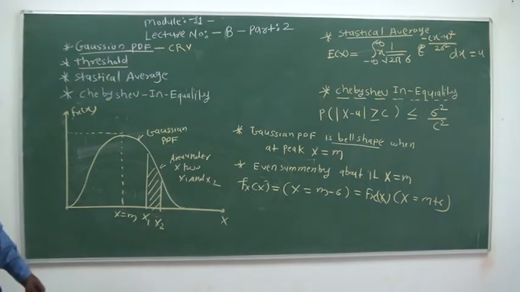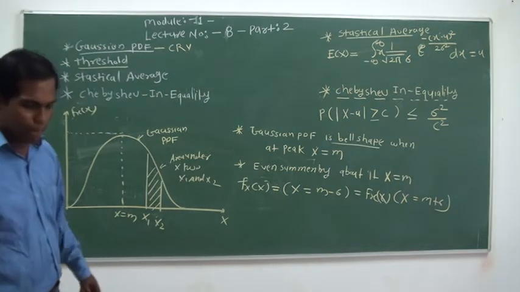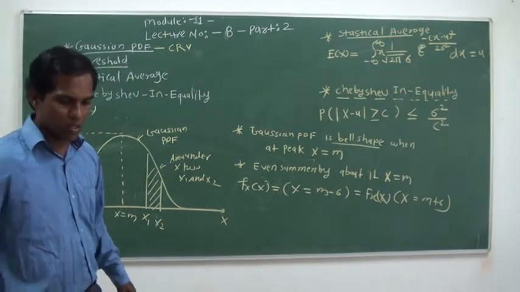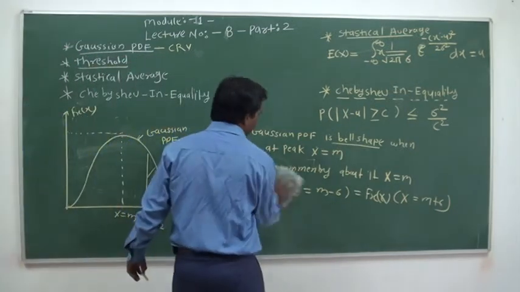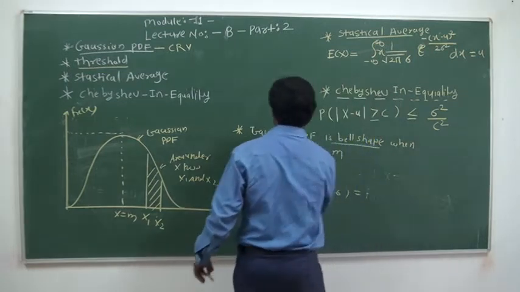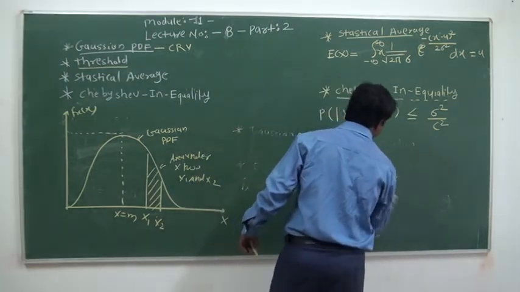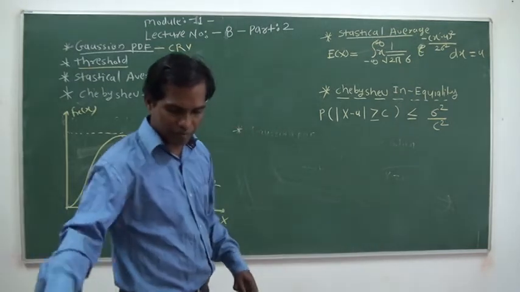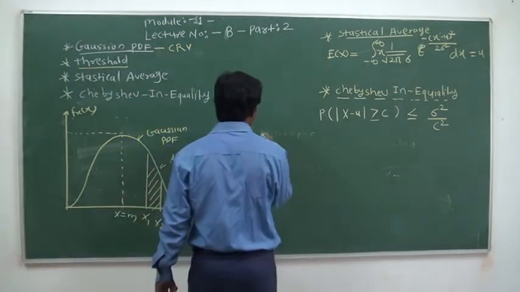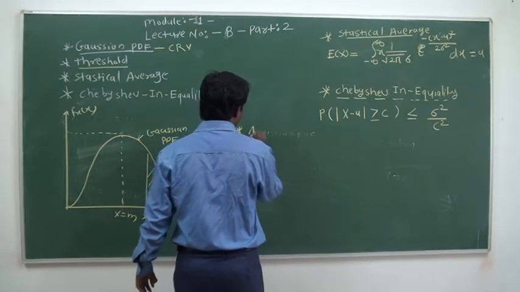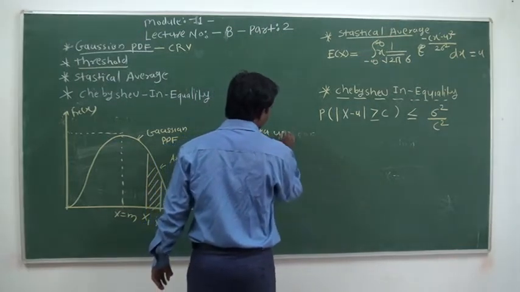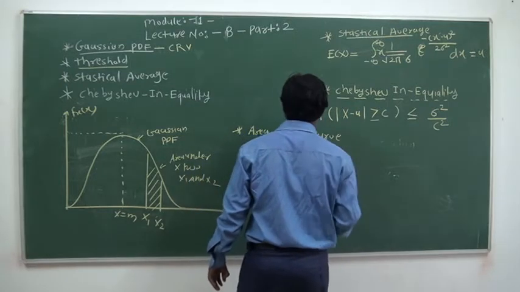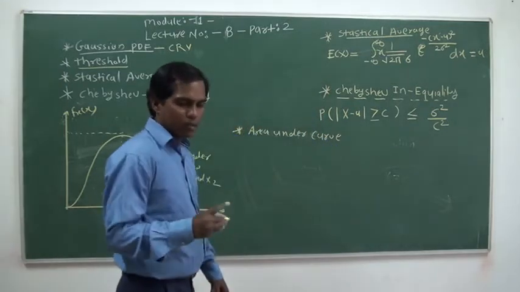Now the third property: the area under the curve of the Gaussian PDF is 1. The area under the curve may be 100% or 1.